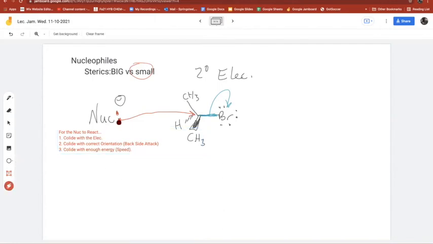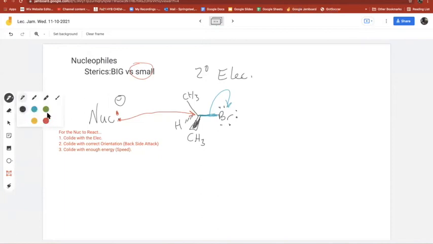So our nucleophile, if it collides into the bromine, it just bounces off, no reaction. If it hits this methyl, boom, just bounces off, no reaction. If it hits this hydrogen, bounces off, no reaction. If it comes in just backside attack, but really slow, it can still just bounce off because it's not quite enough energy to pop off that bromine. But if it comes in with enough energy, fast enough, and correct orientation backside, boom, it pops off and it reacts.